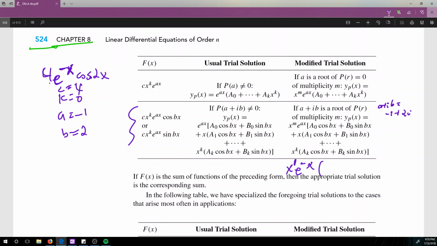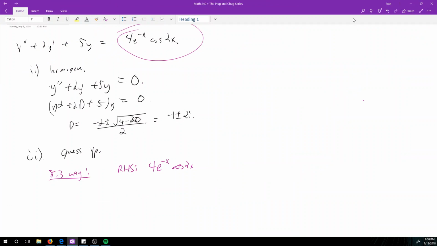Well, what's the problem? If you remember, negative 1 plus 2i is actually a root. Negative 1 plus 2i is a root.